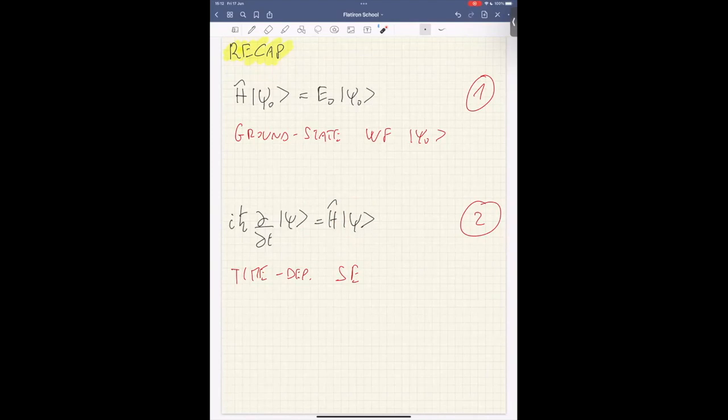So that's why I was saying that in a sense, equation 1 is a special case of two. But physically, the ground state is a special eigenstate because it's the state that is occupied at 0 temperature. So it's really the one that typically we are interested in for the low energy physics.